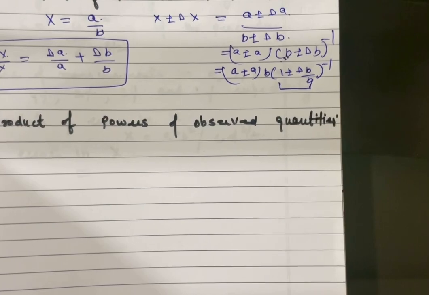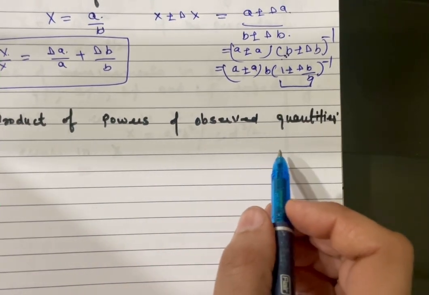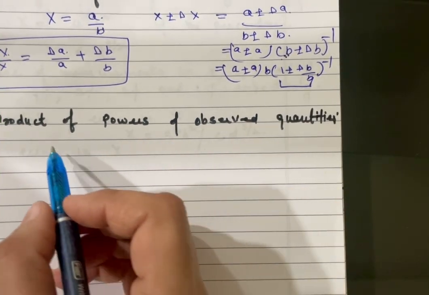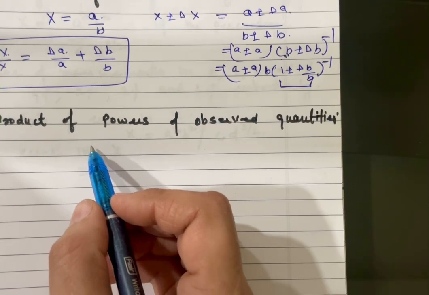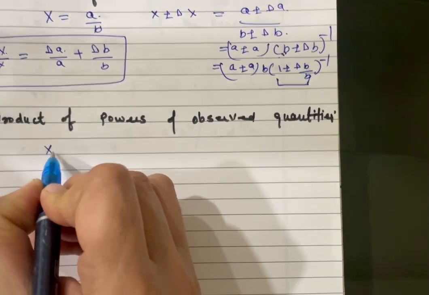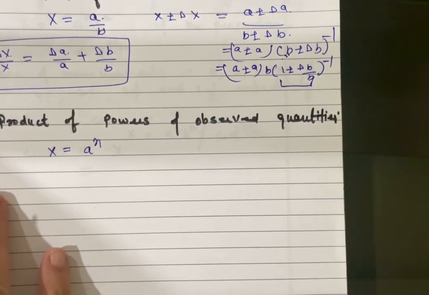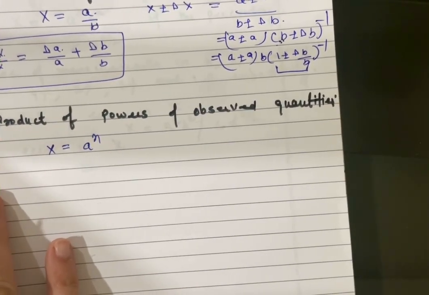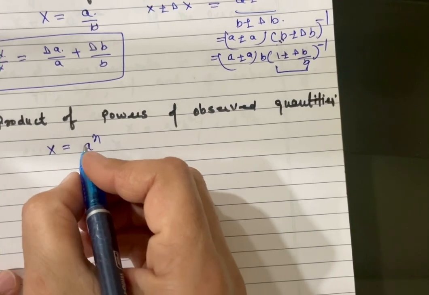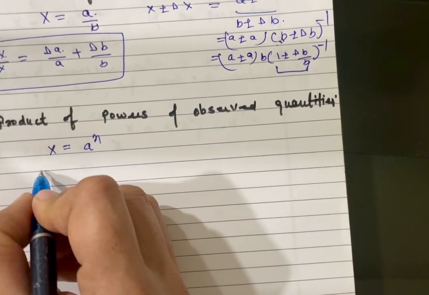Then the last one is the product of the powers of the observed quantities. Like if we have x equal to a raised to power n, first differentiate it. What do we get?